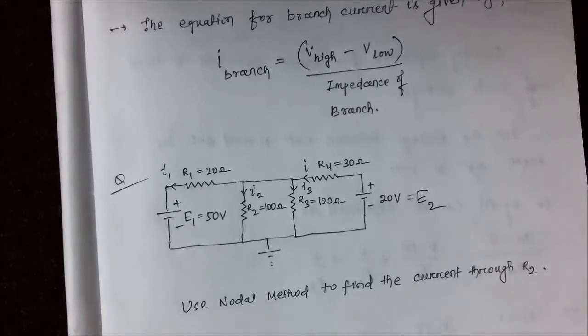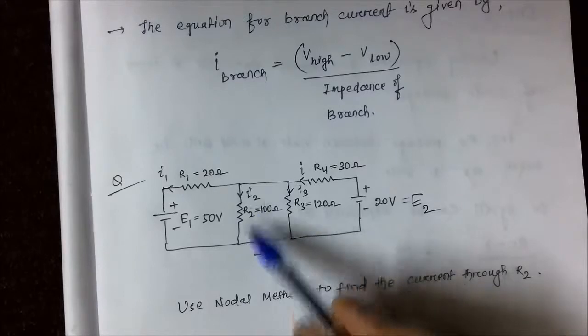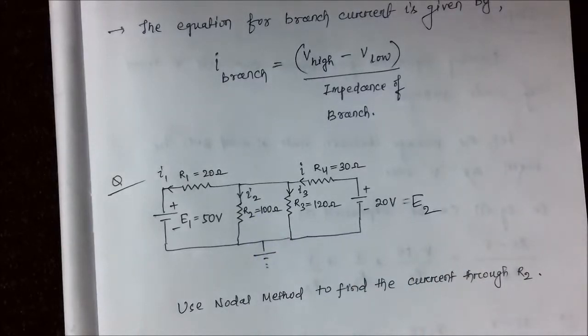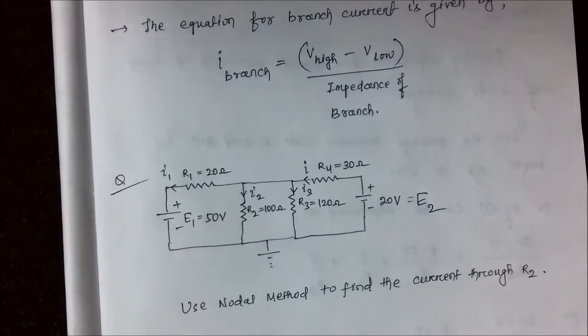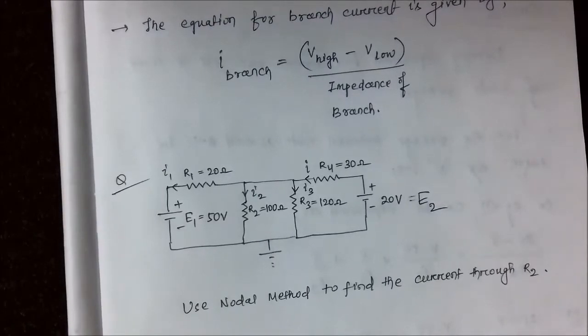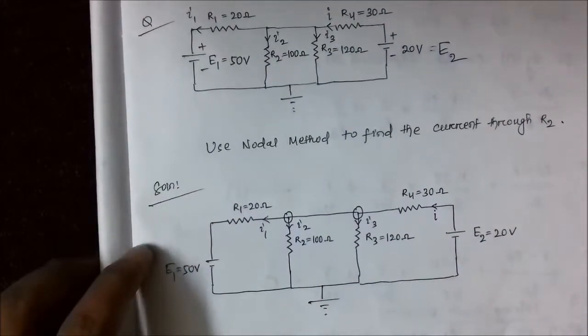The question is to find the current I2 flowing through R2 using nodal analysis. You can solve it by any method, but here we are using nodal analysis just to give you an idea how this works.